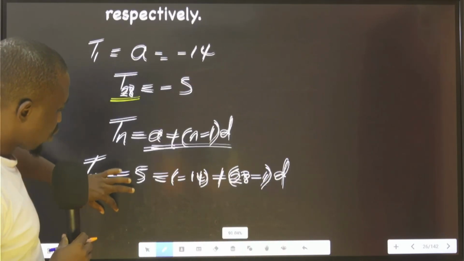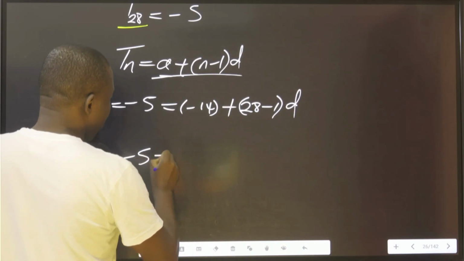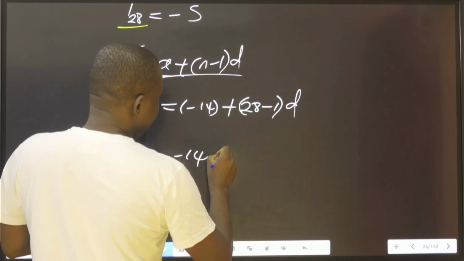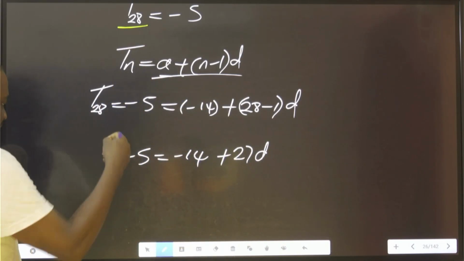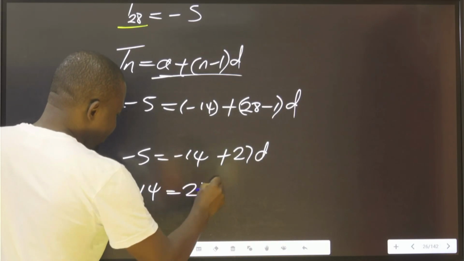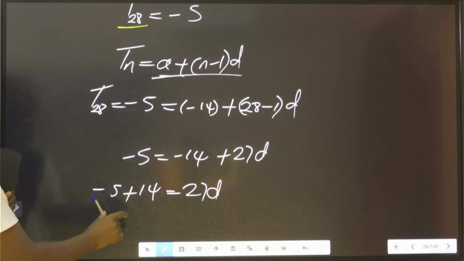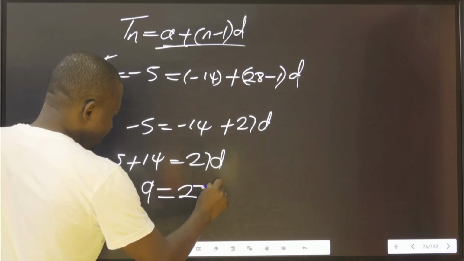Okay? So we can use this to find d now. That is minus 5 is equal to minus 14 plus 27d. We move this to this side to have minus 5 plus 14 equals 27d. This and this will produce 9 equals 27d.